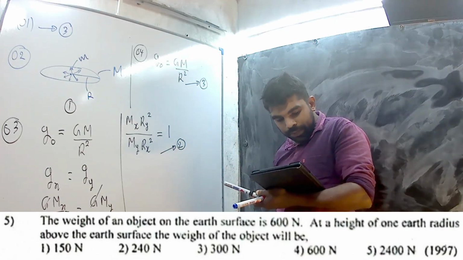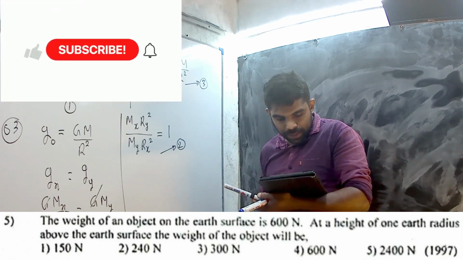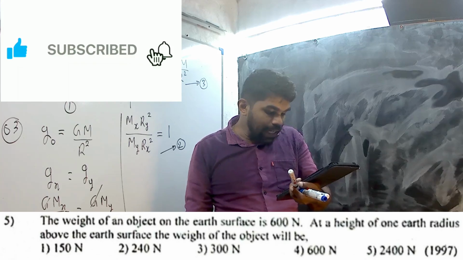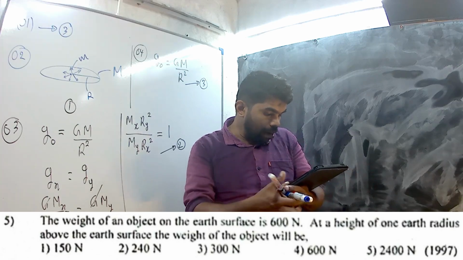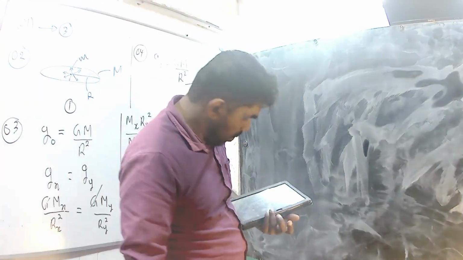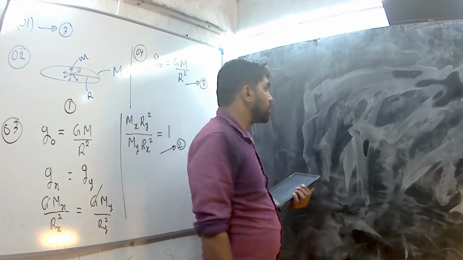Question number 5. The weight of an object on the Earth's surface is 600 Newton. At a height of 1 Earth radius above the Earth's surface, the weight of the object will be. We know that weight means gravitational force.